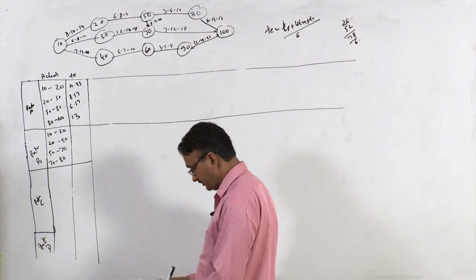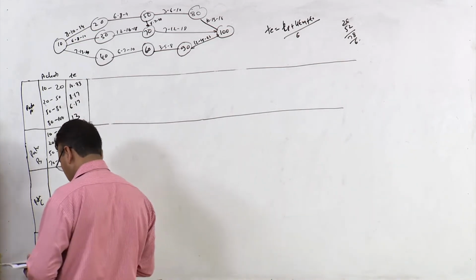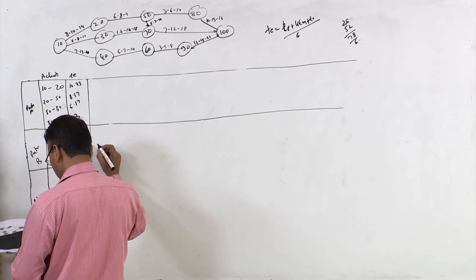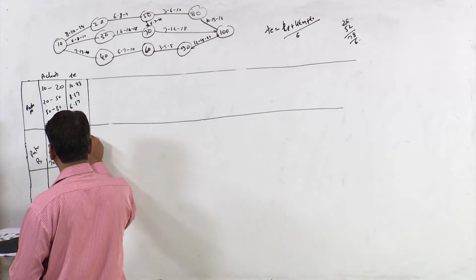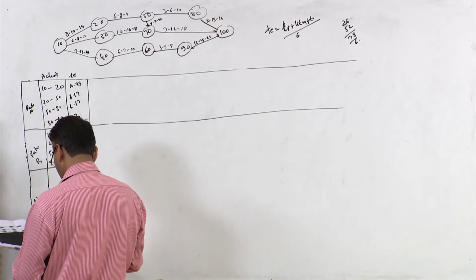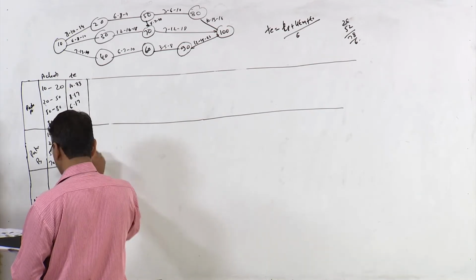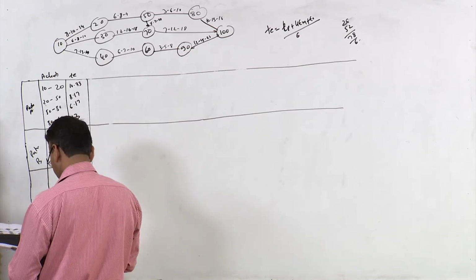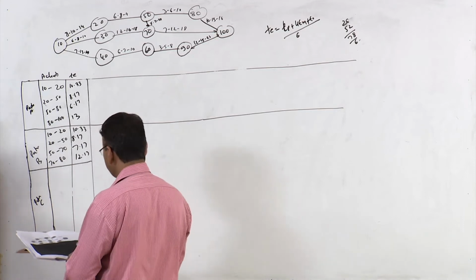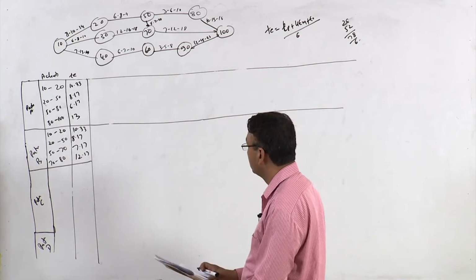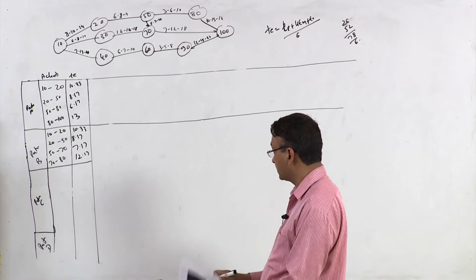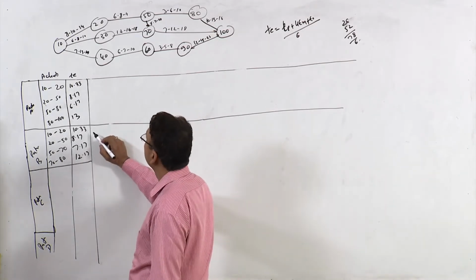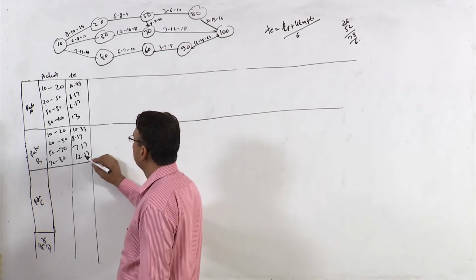So let me write down values for path B. It is 10.33, then you have got 8.17, then 7.17 and then 12.17, right. So it's 10.33, 8.17, 7.17 and 12.17, right. If you wish, you can check one of them. Let's check for 70 to 80.